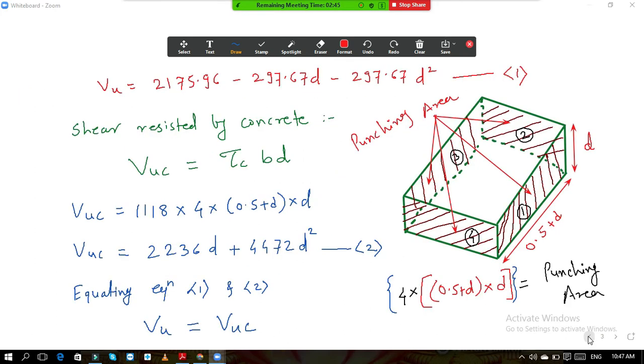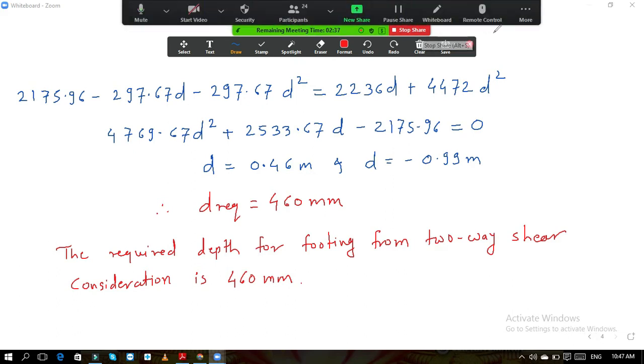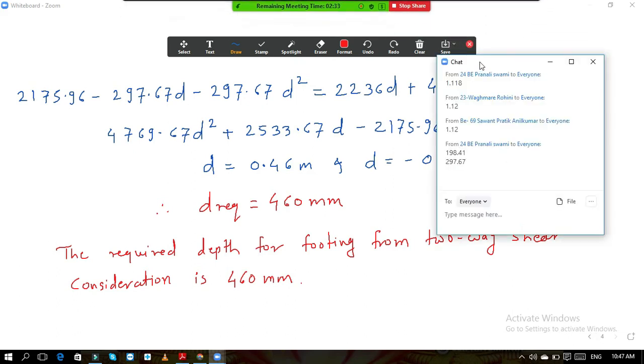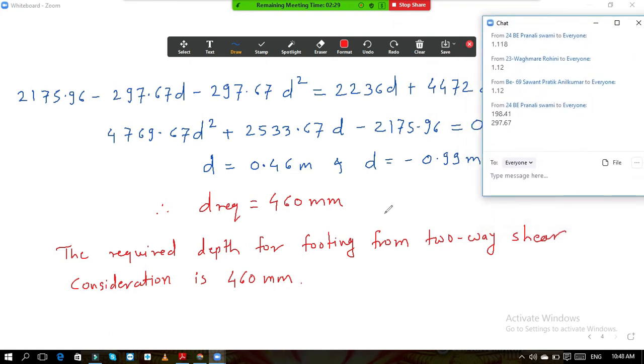Okay. Any doubt in this? Anybody having any doubt in this? What we have done? If you are having a doubt, then only I will repeat once again what we have done in this punching shear calculation to evaluate the depth.